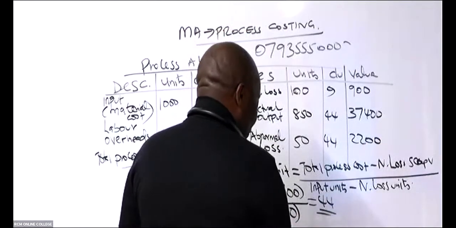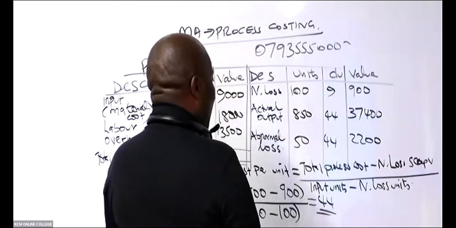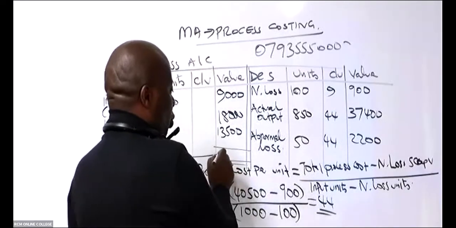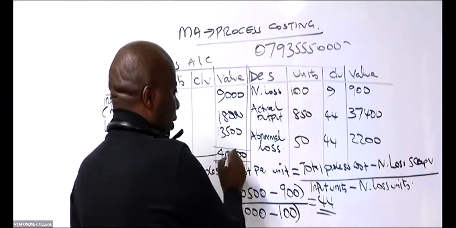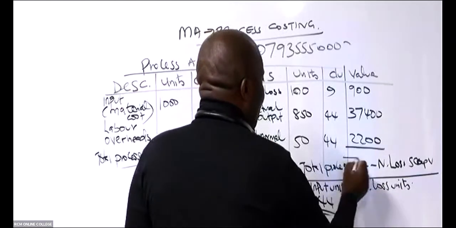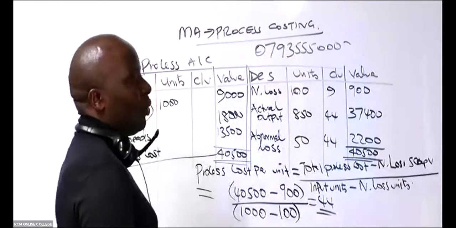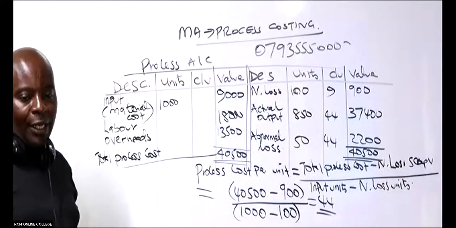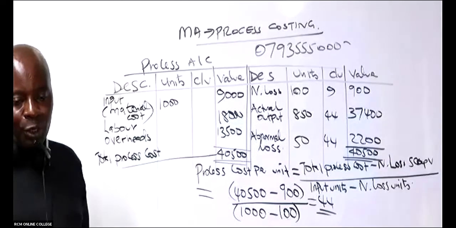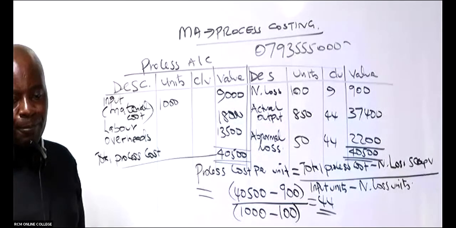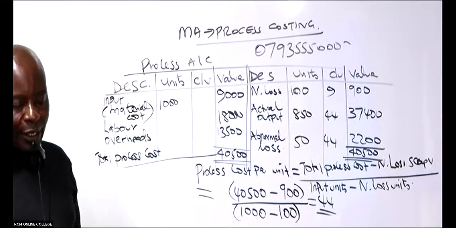And you can easily mark for yourselves because this account has to balance. You have told me that this is 4,500. So if you are correct, when you add this side, we should also be able to get 4,500. Is that okay, ladies and gentlemen? Great, thank you so much.